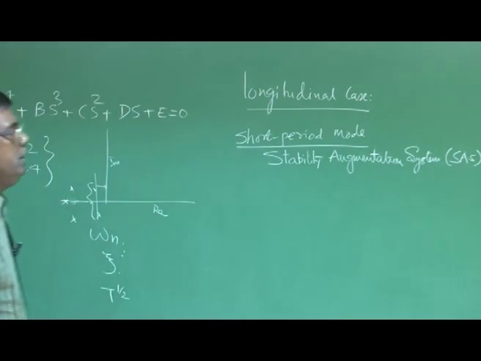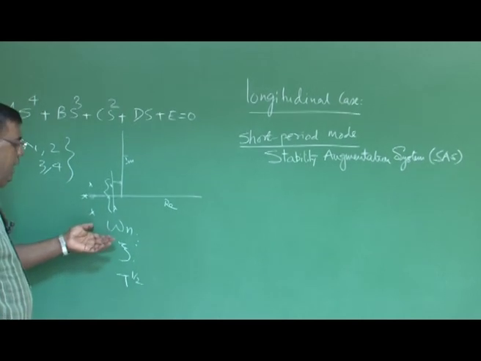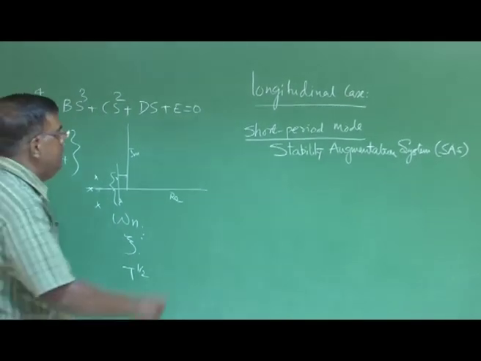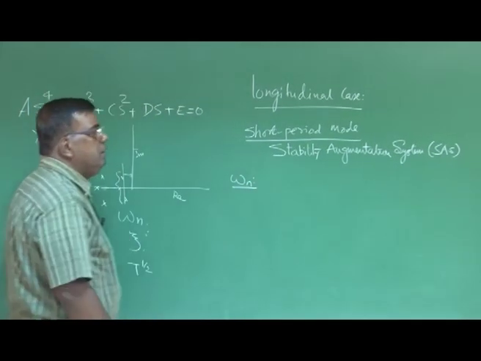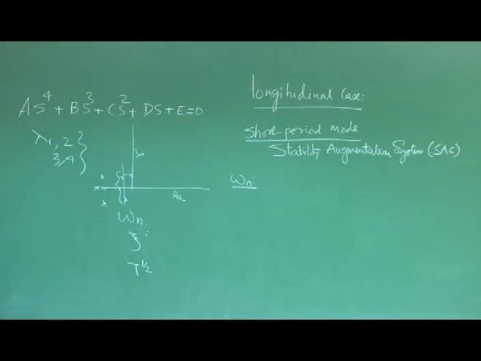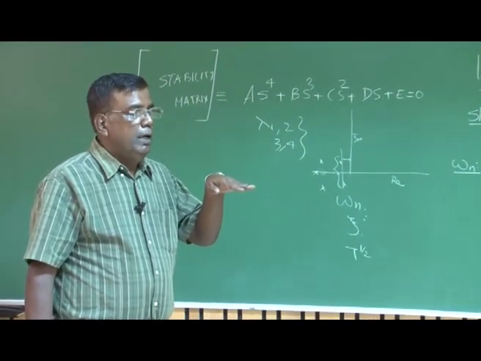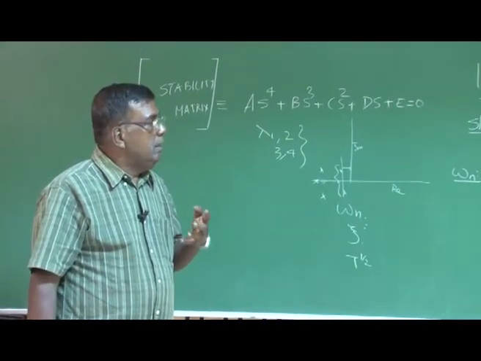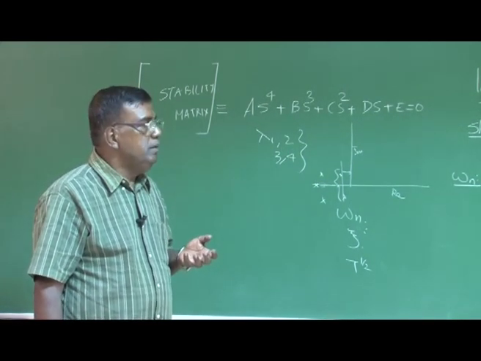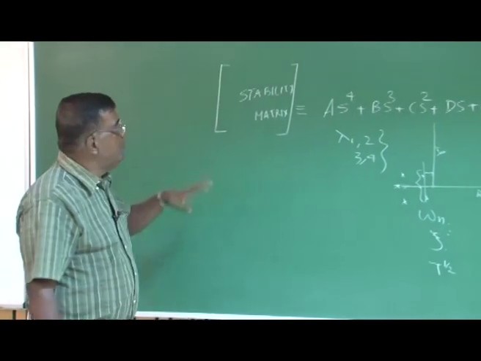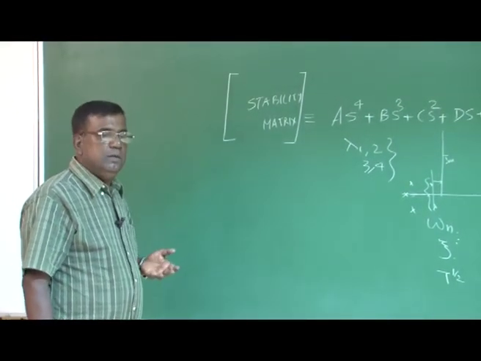How do I approach? I said our target is handling, omega n and zeta. Let us say it is omega n, and it is a short period. By now we know we have analyzed pure pitch, and we have analyzed an approximate short period mode by simplifying the exact equation. Also we know the exact solution as well.